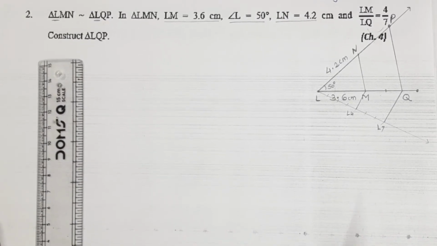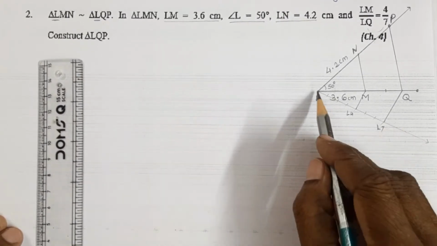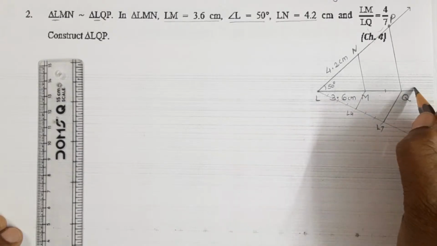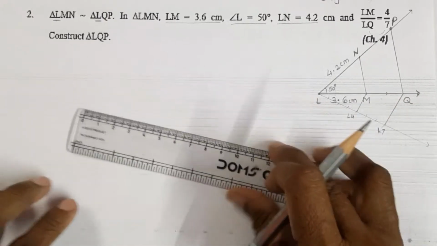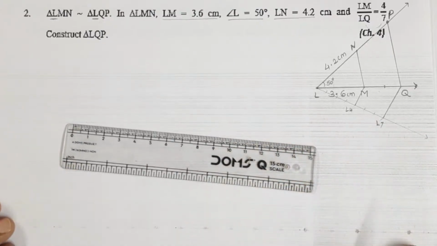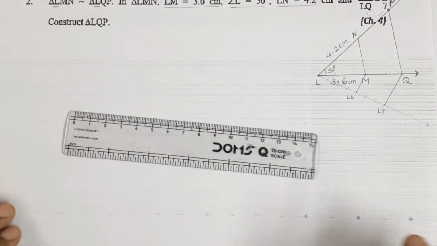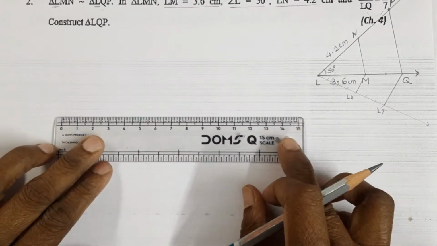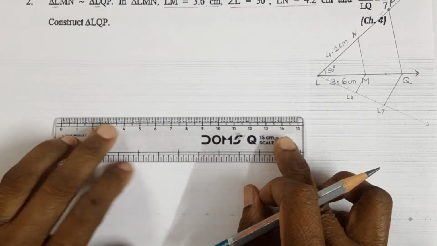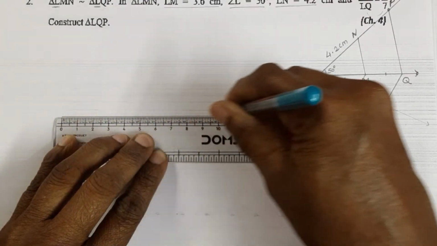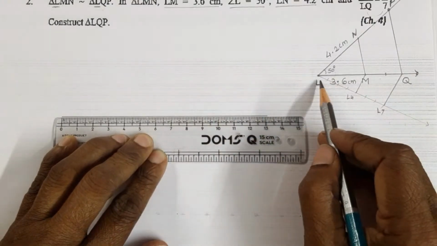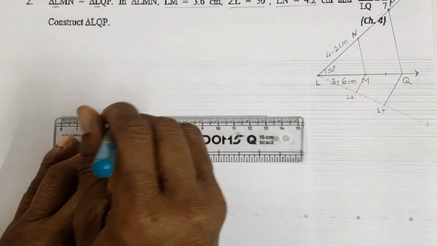First we draw the ray. See here, students, first I draw the ray here, and then take LM as 3.6.